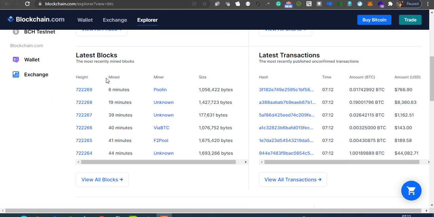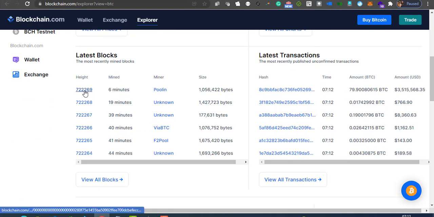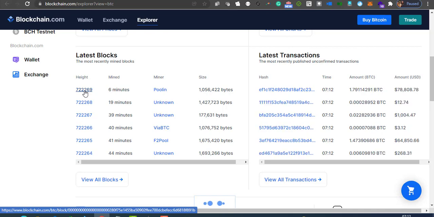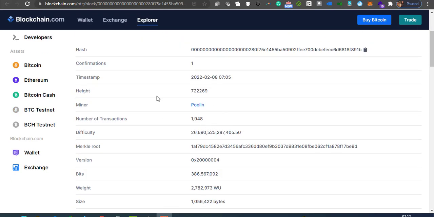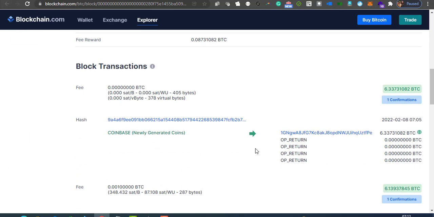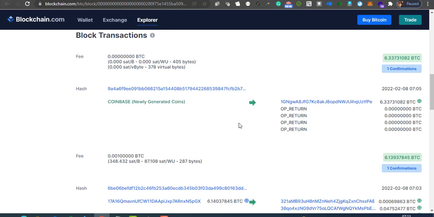Let me go to a block within the Bitcoin network and try to show you what a block actually means. You can see different information, but the most important information is the time, and there are transactions associated with each block. The way it works is you have many transactions which you want to put on the blockchain. What miners typically do is fetch a few of those transactions and try to create a block out of them.